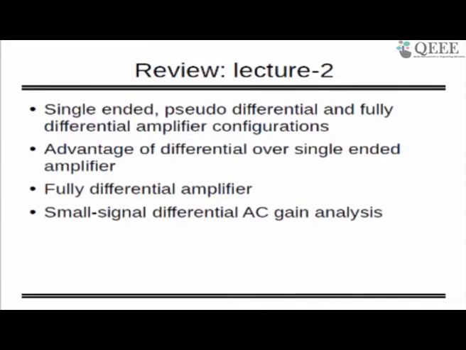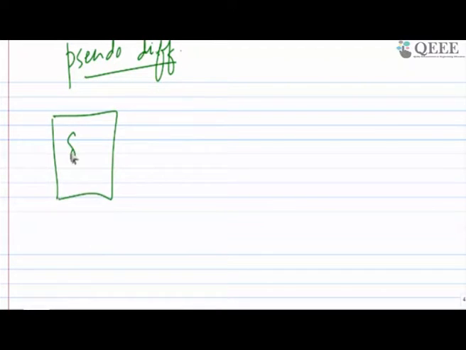Pseudo differential is the one, let's call this one a pseudo differential, it's all single-ended circuit. Single-ended is the one which has one input, one output, with one VCC, one ground, or maybe minus VE.